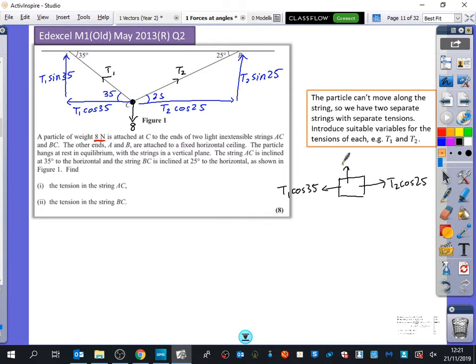And going up, T1 sine 35, T2 sine 25, and going down 8. Let's make sure we get all of the marks for this question. All we can do, really, is resolve left and right. We can either do up and down or left and right. It doesn't really matter. So we get T1 cos 35 equals T2 cos 25.